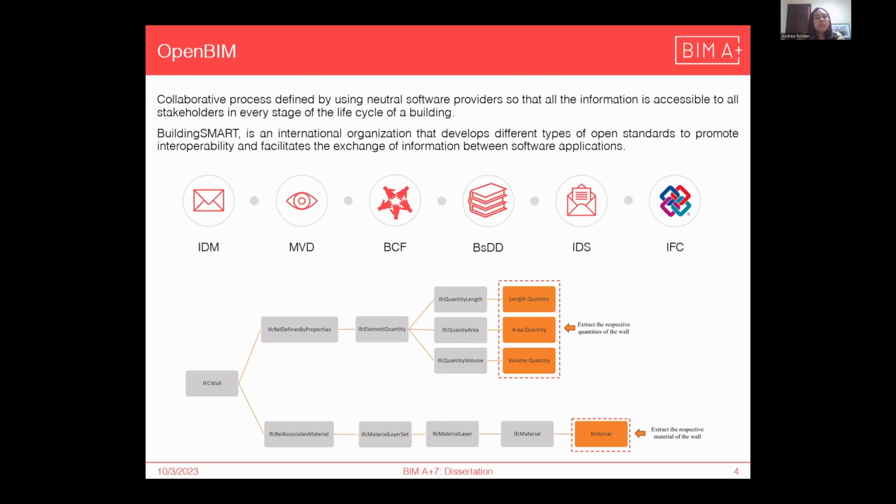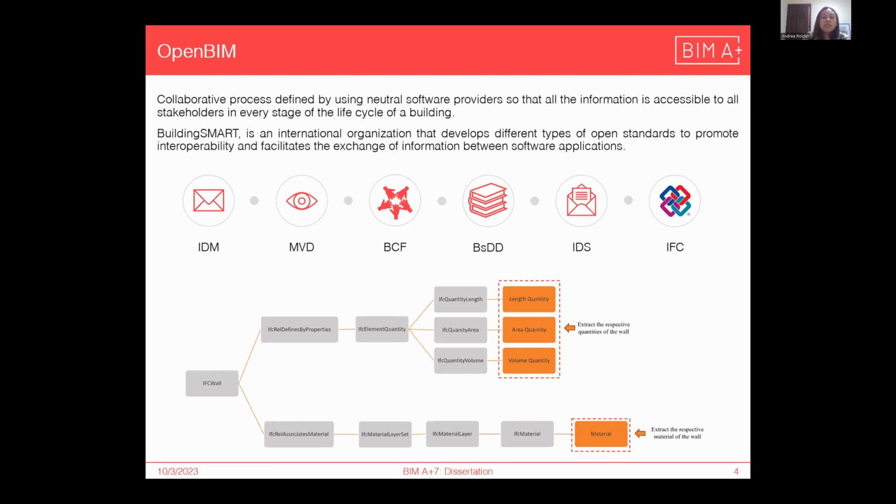So another important concept is OpenBIM. As you may know, OpenBIM is a collaborative process that aims that all the information is accessible to all stakeholders in every stage of the life cycle of the building by using neutral software providers. So if we talk about OpenBIM, we need to talk about Building Smart, which is the international organization that develops the standards to promote OpenBIM.